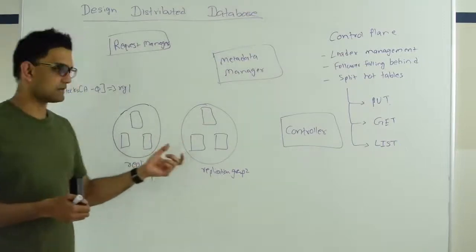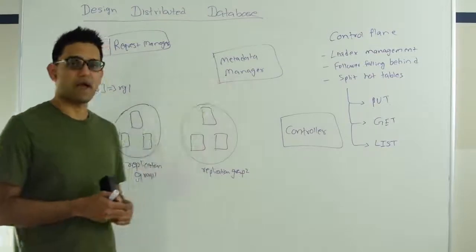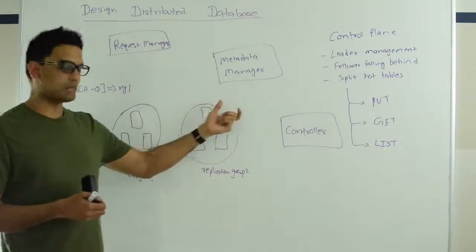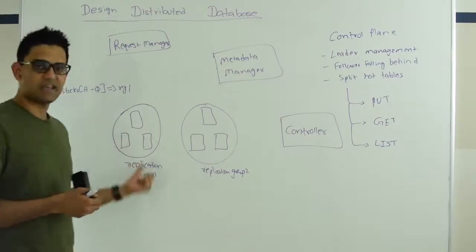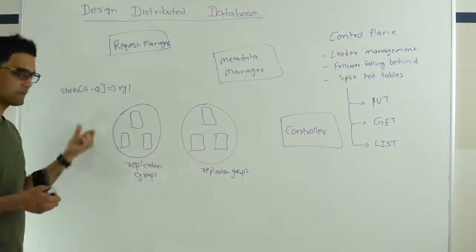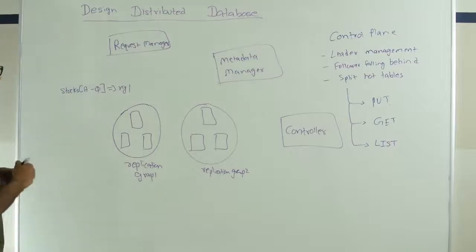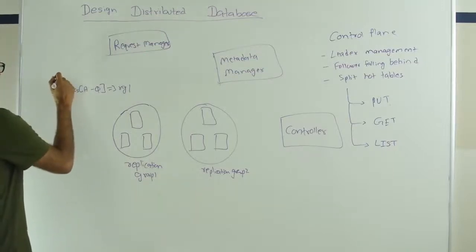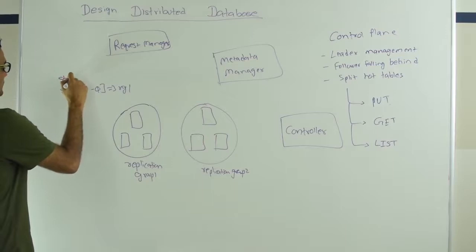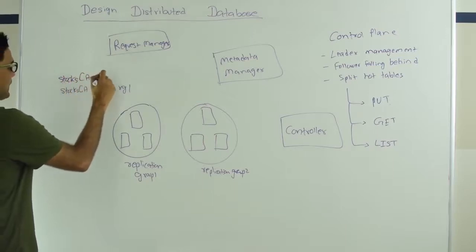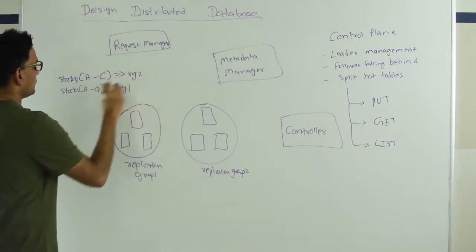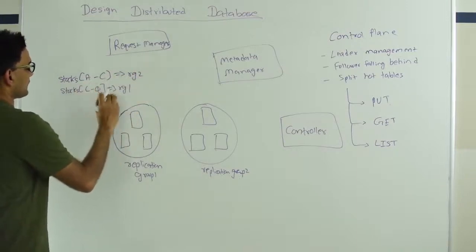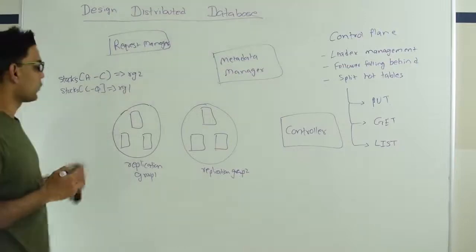Next, it updates the metadata manager, and at the same time tells replication group 1 that, hey buddy, do not take any writes for stocks in a certain range. So let's suppose that we decide that for the stocks table, A to C is going to go into replication group 2 and C till the end will go into replication group 1.